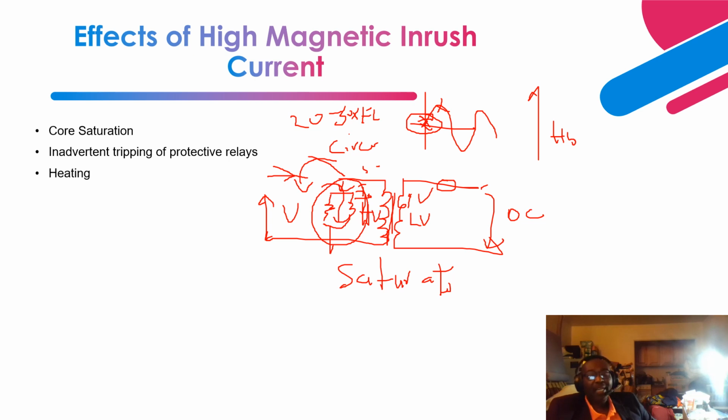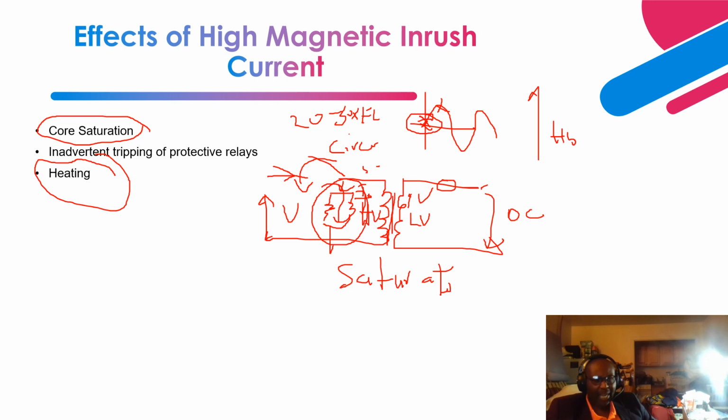And when it saturates the core, at that instant the inductance of the magnetization branch, which is the core material of the transformer, will decrease. As such, it can cause a lot of heating inside the transformer and can result in your core getting shorted and failing whilst the transformer is in service. So that is very important.